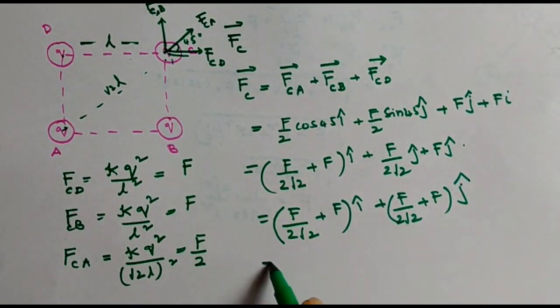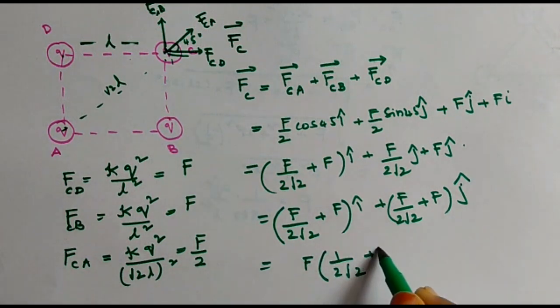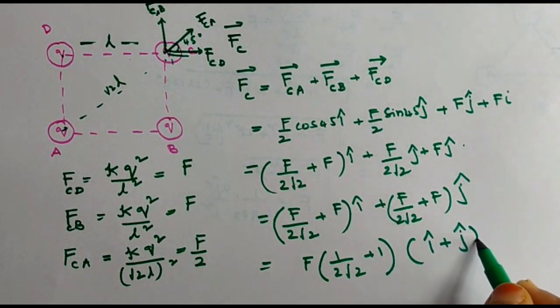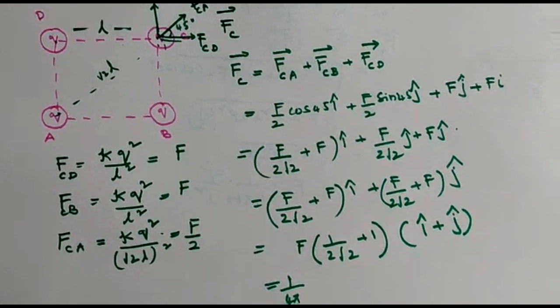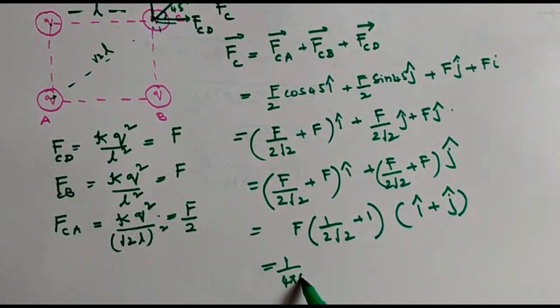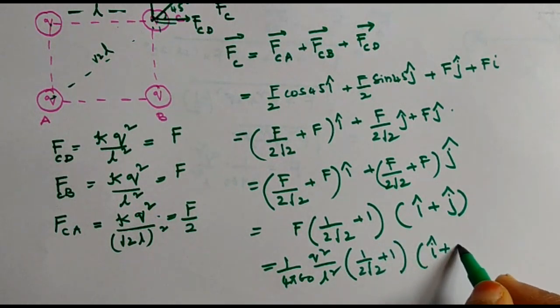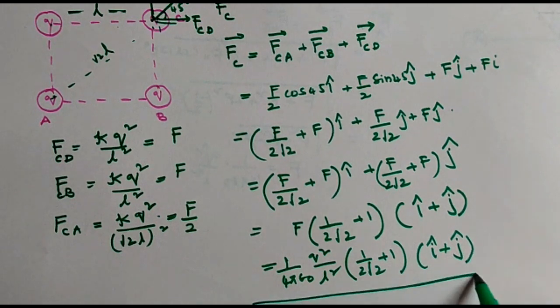Both the terms are like terms, so I can write F outside: 1 by 2 root 2 plus 1 into I cap plus J cap. You can replace this F as 1 by 4 pi epsilon naught Q1 Q2 divided by L square, 1 by 2 root 2 plus 1 into I cap plus J cap. So if you want the answer in vector form, you can leave it here.